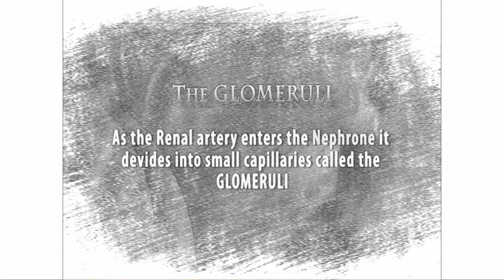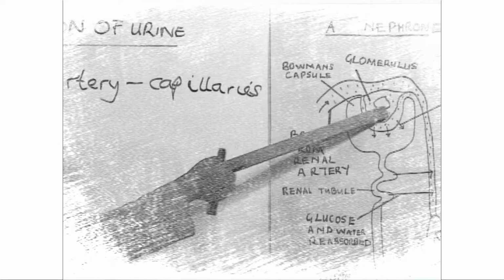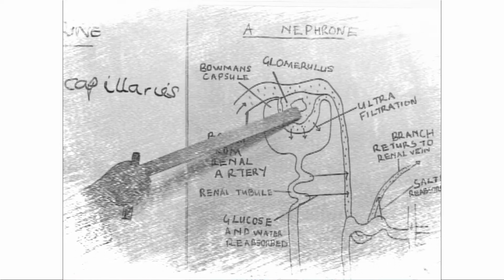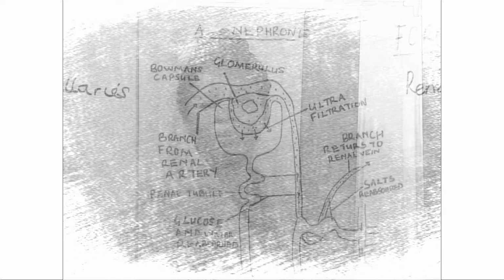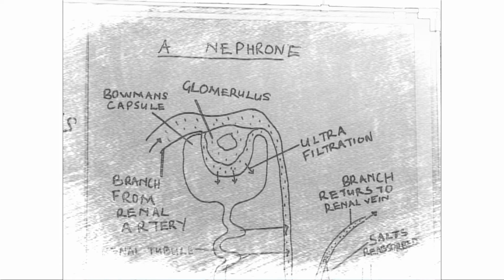Since the glomerulus are capillaries, it simply means that they have small holes, allowing only smaller molecules to pass through. Besides that, we also have this capsule. The glomeruli are surrounded by the Bowman's capsule. So this is the Bowman's capsule.